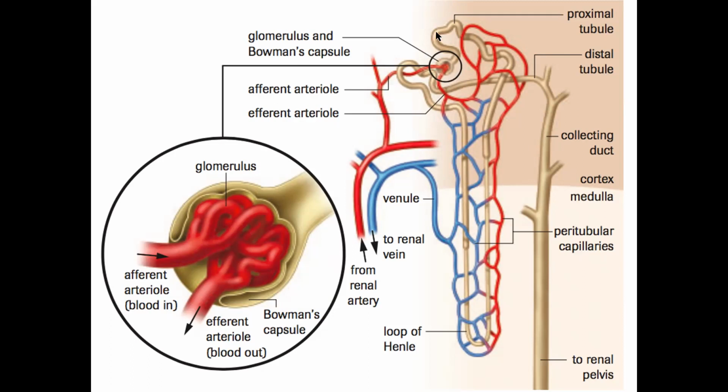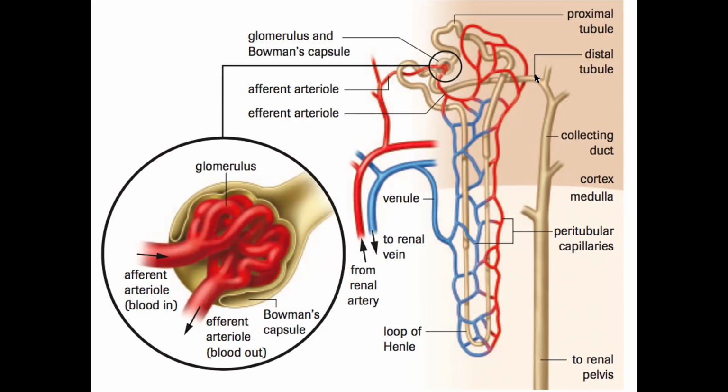Now these are tubules. Coming through here, I'll go into more detail in a minute about how this works. It comes down here. There's a big loop here called the loop of Henle. Over here, you've got the proximal and the distal tubules.